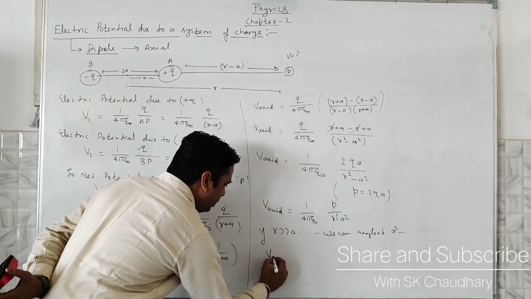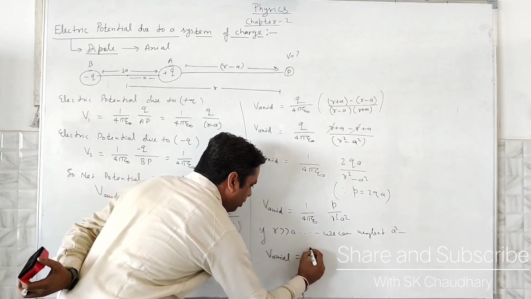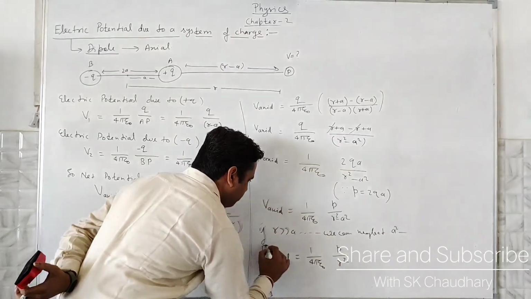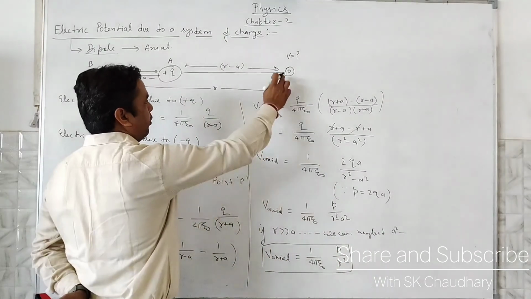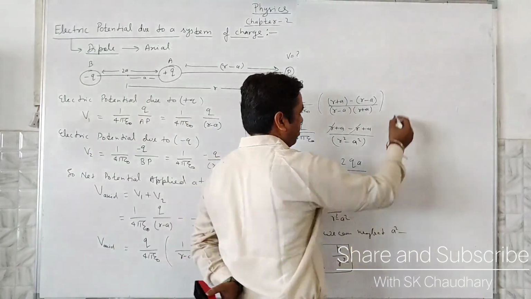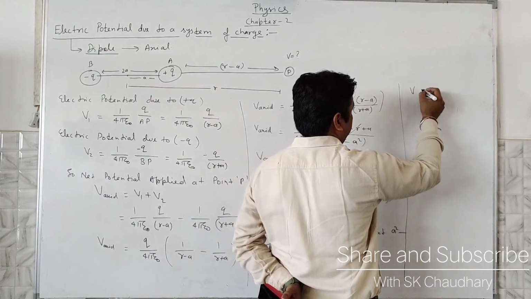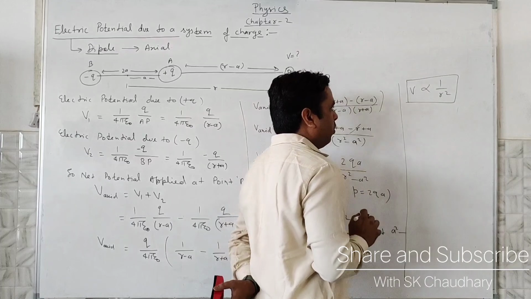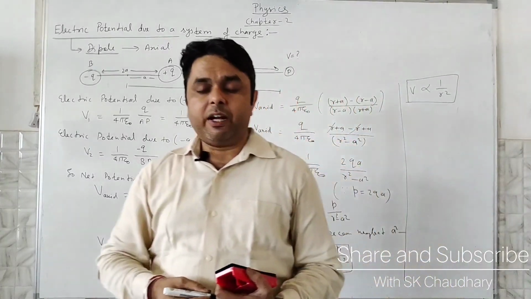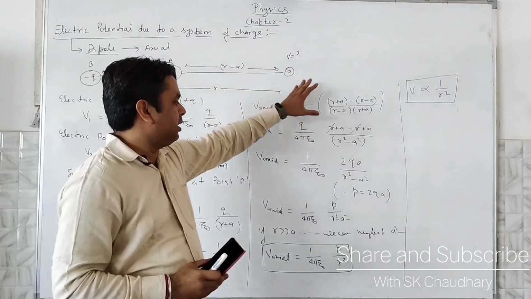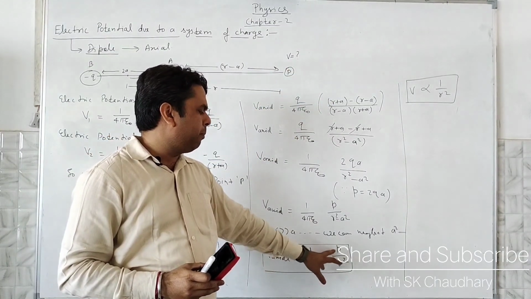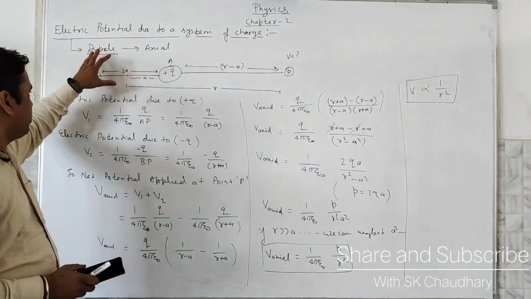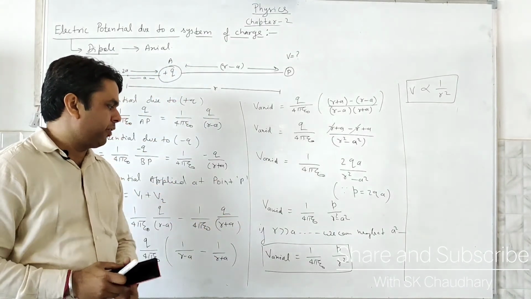V axial will be 1 upon 4 pi epsilon naught P upon R square. So that is our electric potential at point P. By analyzing this, we got the relation that V is inversely proportional to R square, so it follows the inverse square law. So the electric potential at point P is 1 upon 4 pi epsilon naught, the dipole moment divided by the distance square. That is how, for the system of charge, we have calculated the first case, the dipole at the axial point. So thank you very much.